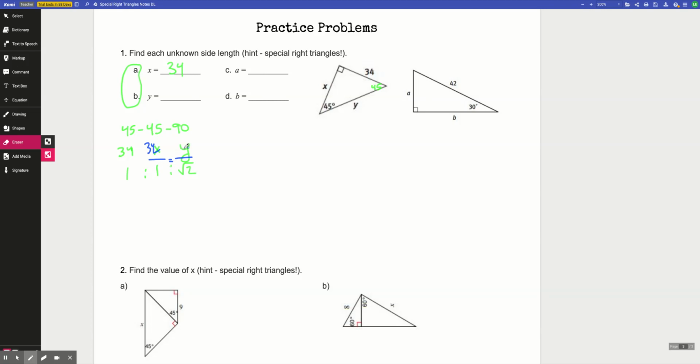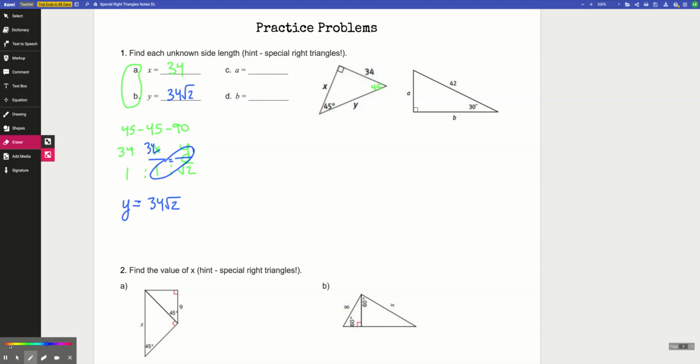For example, in this one, if I was trying to find Y, I have Y times 1 when I cross multiply, which is just Y. And then I have 34 times root 2. I'm literally just sticking a root 2 on the end of the number 34, because there's an understood invisible multiplication sign between those two things. So this is 34 root 2. And that's all you have to do.